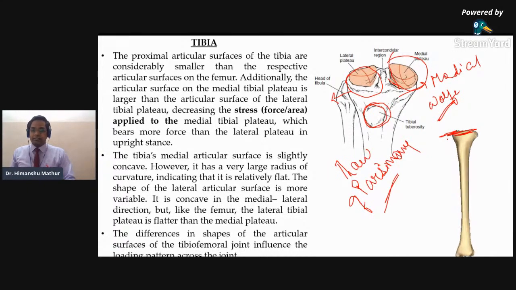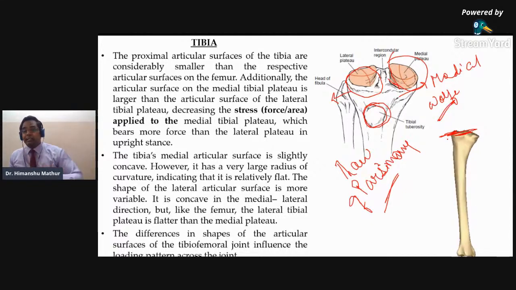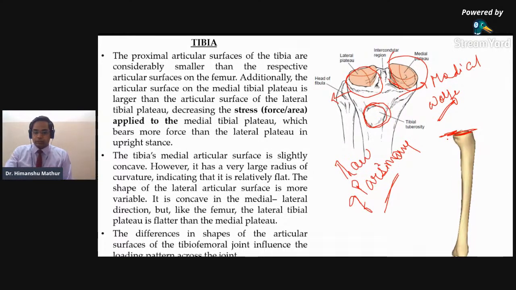But there are some cadaveric studies that suggest the medial tibial condyle is very slightly, but somewhat concave in nature, so that it can bear a lot of weight and it can be a little more geometrically congruent. All right, so this is what we need to talk about the tibia.